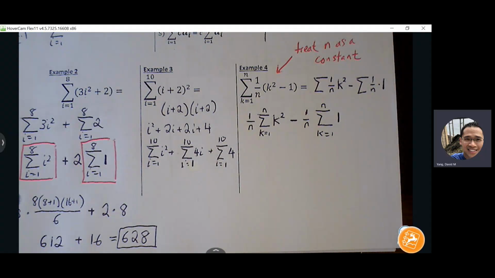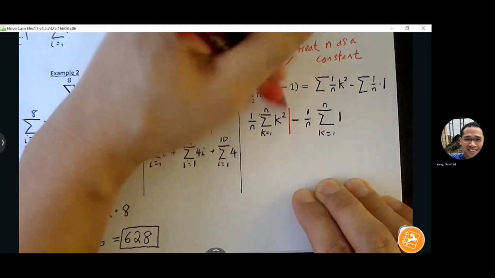Okay, is everybody okay so far? Just rearranging it so that I can apply the rule from above.